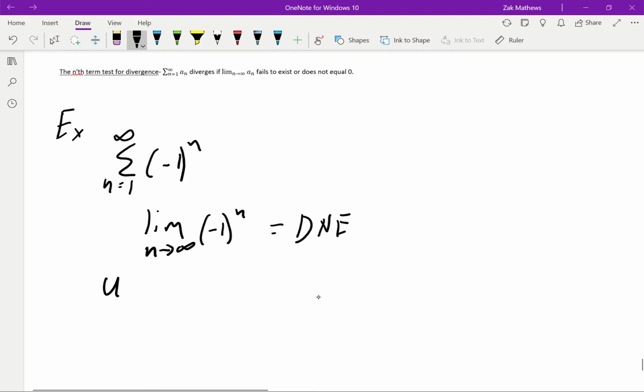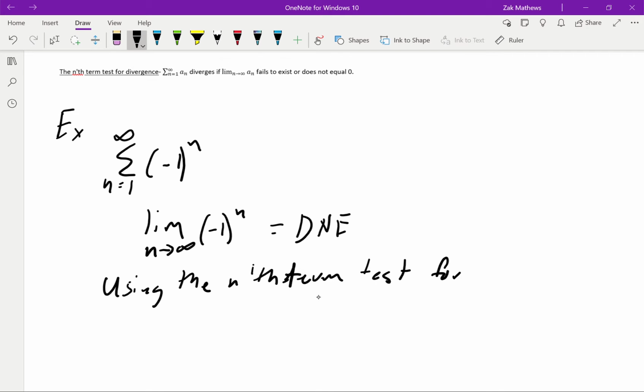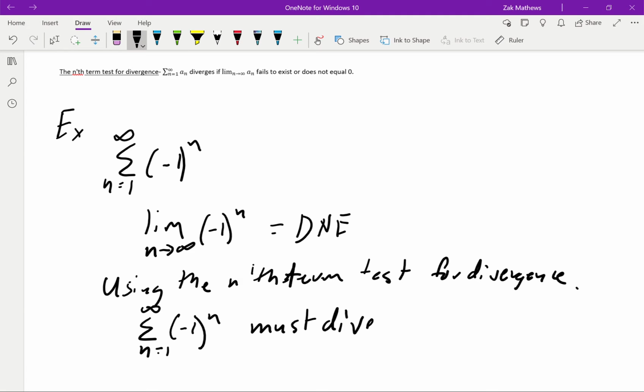Therefore, using the nth term test for divergence, sometimes called, a little bit more concisely, the divergence test, we know the summation n equals 1 to infinity of (-1)^n must diverge.